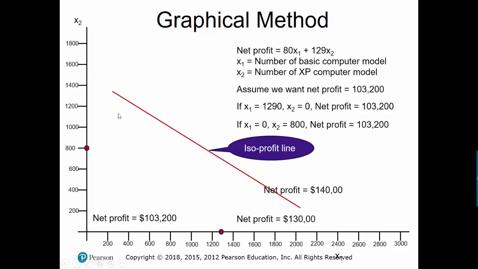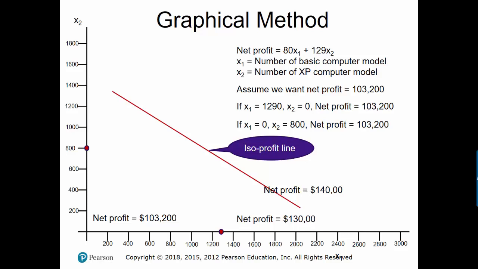As long as you don't change the slope, our idea is to move this line as far away from 0 as possible. Of course there are restrictions. You can't just keep on increasing this iso-profit line, so we have to start with the constraints.